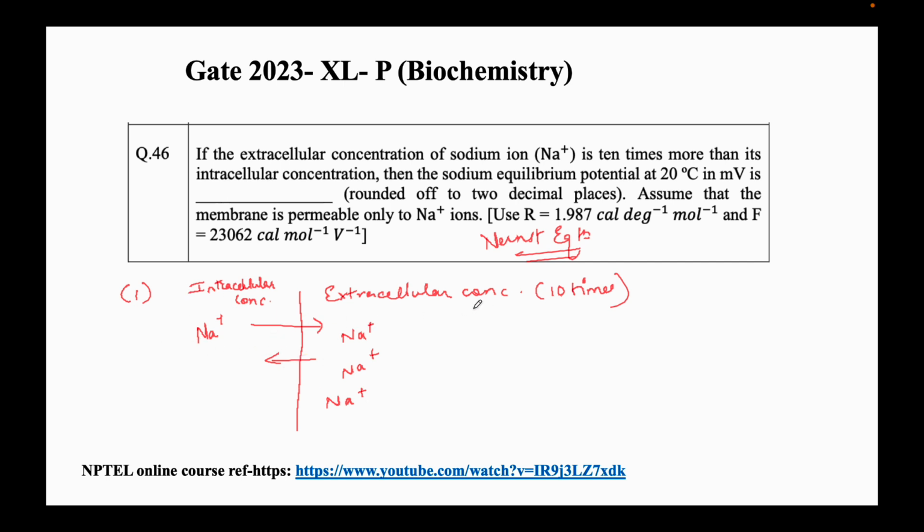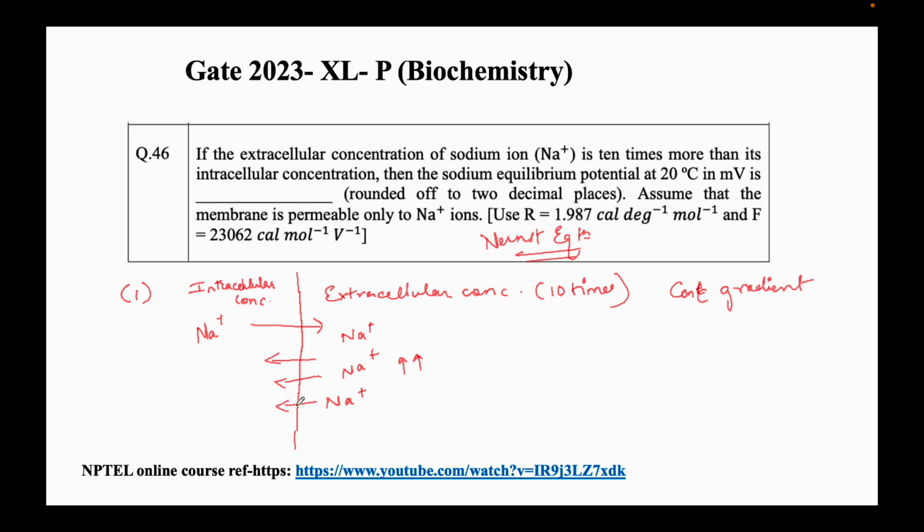Now, as we know, we have a higher concentration of Na plus in the extracellular region, whereas there are very low Na plus ions in the intracellular region. So there is a concentration gradient, and it is intuitive that the Na plus will move from higher to lower.